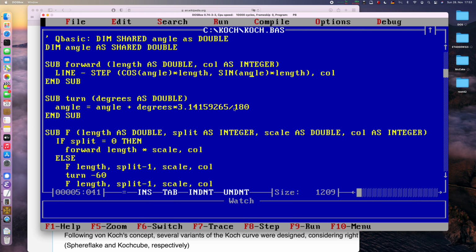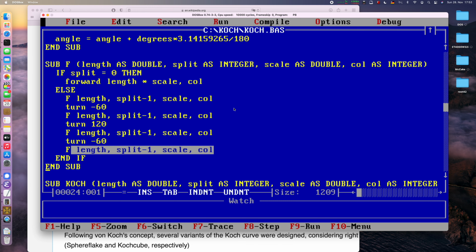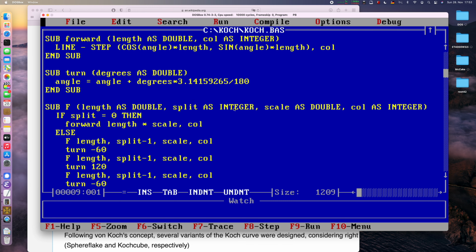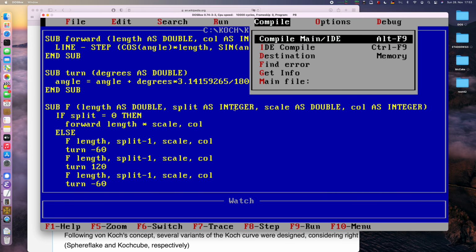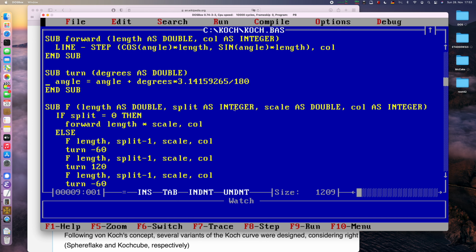We probably could also do that in the forward motion, but we will do this less often in the turn, because the forward will be called much more often. But you can play with that, basically. Okay, this will update our angle, and this should already be enough.